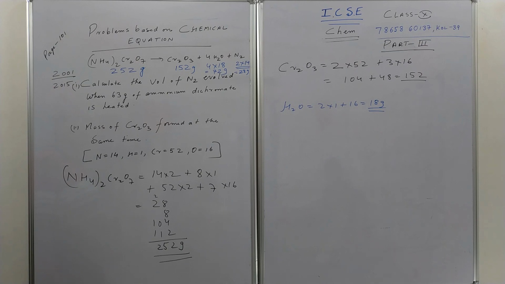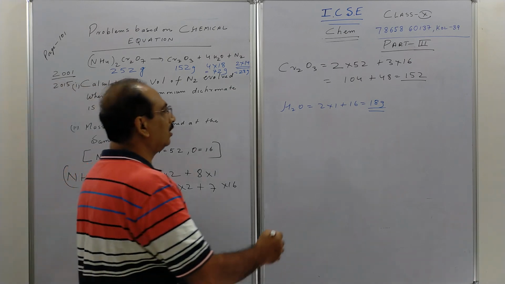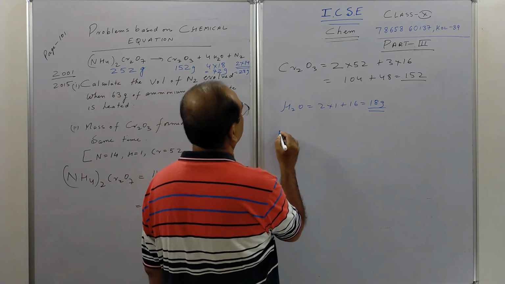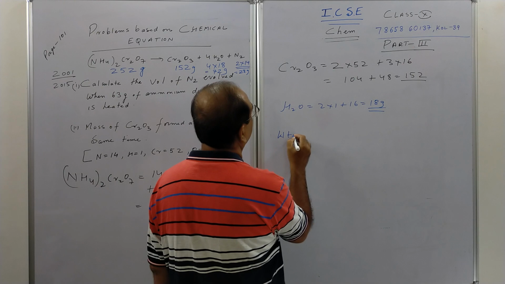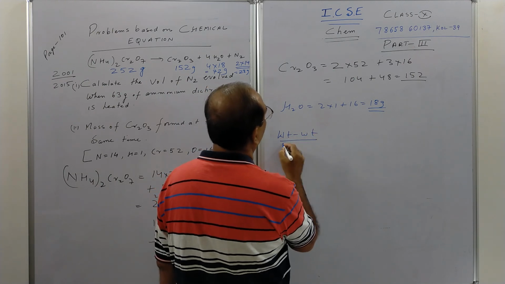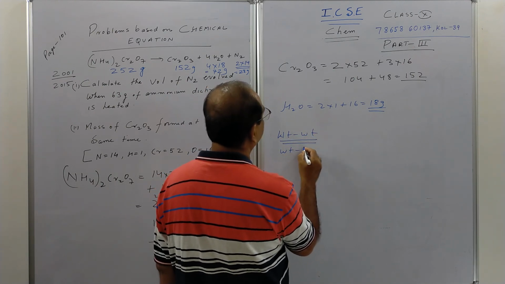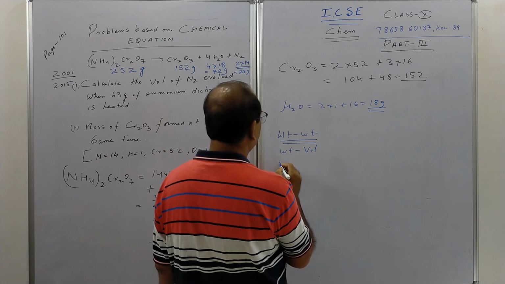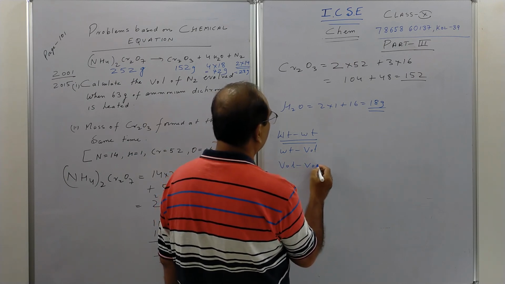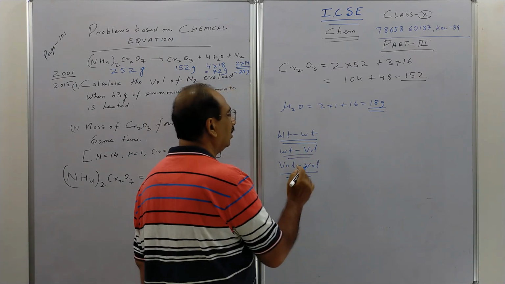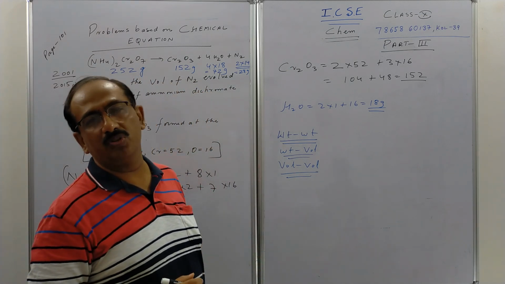Calculate the volume of nitrogen. In this chapter, you see there are 2 types of question we get: weight relationship and weight volume. The third one is volume, which you will see when we do Gay-Lussac's law.